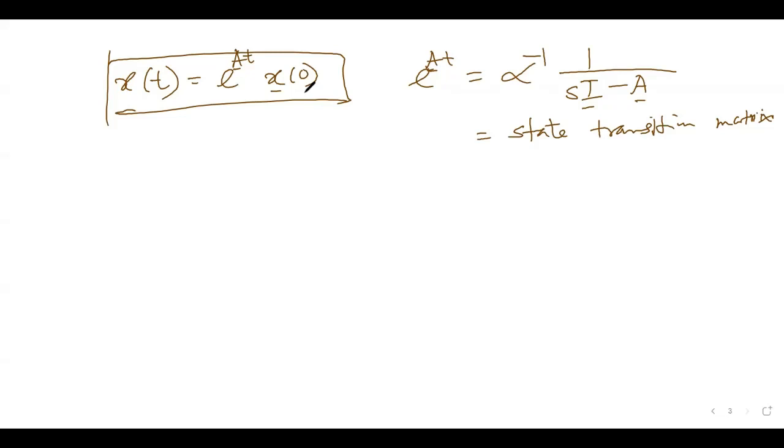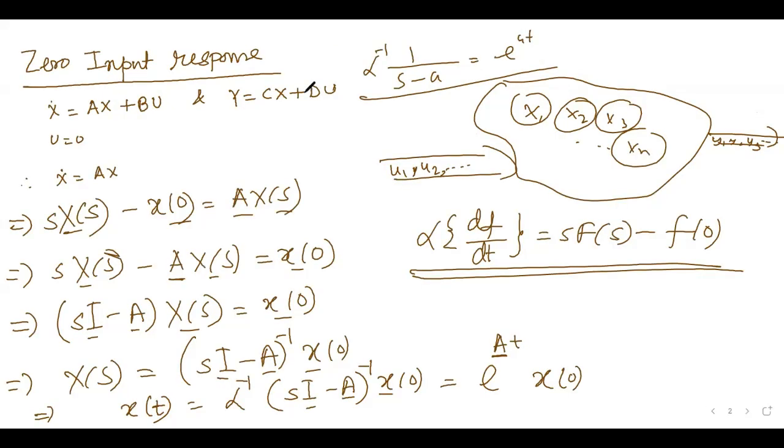In the next class, we'll discuss the response due to input. This is the response due to initial condition, the zero input response. If I made any mistakes, tell me. Zero input response, that is the response due to initial condition.